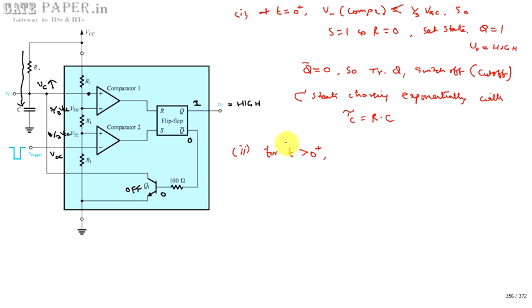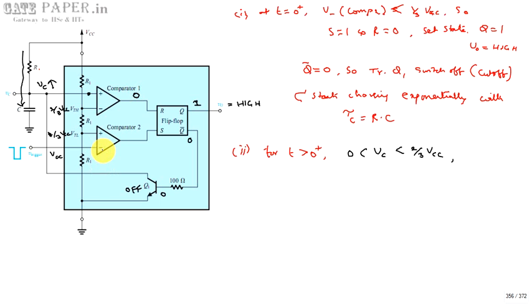Okay, so we assume that the capacitor voltage is going to be less than 2/3 VCC only. It is greater than 0 but less than 2/3 VCC. The capacitor voltage has not reached 2/3 VCC. Now if you check the values of R and S, since the value at this point is less than 2/3 VCC, the inverting terminal dominates, so the output of comparator 1 is 0.